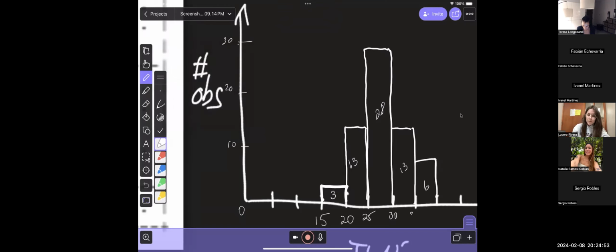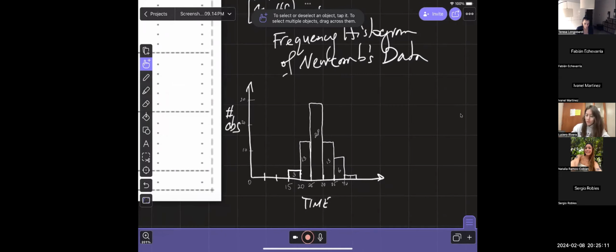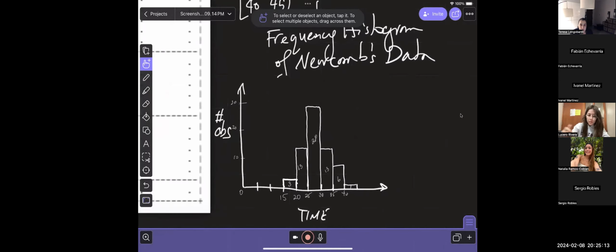And that's 30 to 35, 35 to 40. And then 40 to 41 is just one observation. There we go. That's my sketch of my frequency histogram of Newcomb's data.